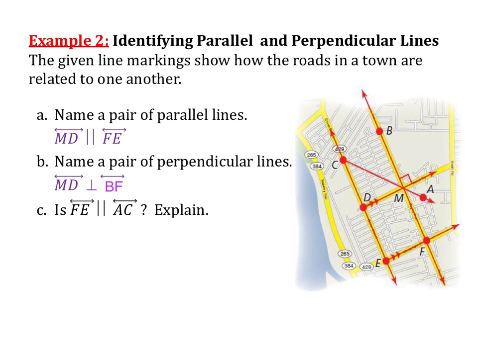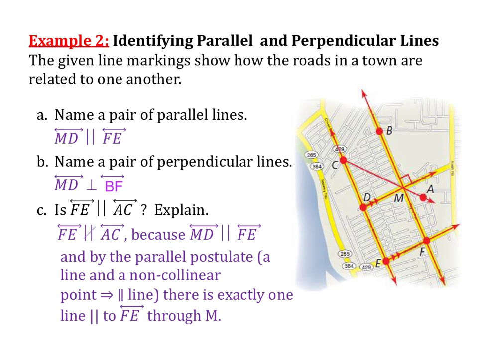All right, and our last one is: is line FE parallel to line AC? Explain. So let's take a look. Here's line FE. Here's line AC. Kind of going at a diagonal, it appears. So it appears as if they're not parallel. So FE is not parallel, and remember, the slash through any symbol means not, to line AC.